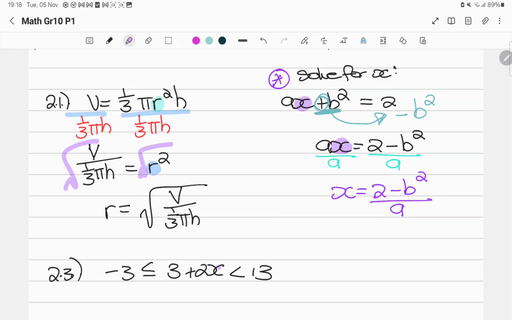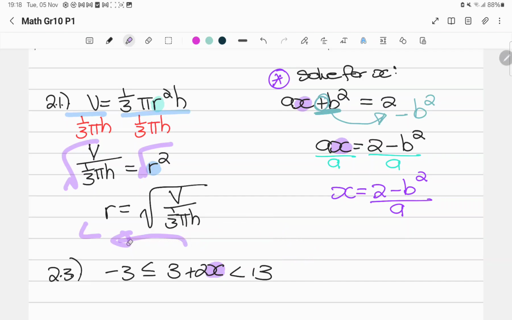I need to get x alone. But now I must ask myself, where is x? X is in the middle, which means whatever I'm taking over, I have to take to the left hand side and I have to take it over to the right hand side. So when x is in the middle, you have to take everything over to the left and the right to get your answer.